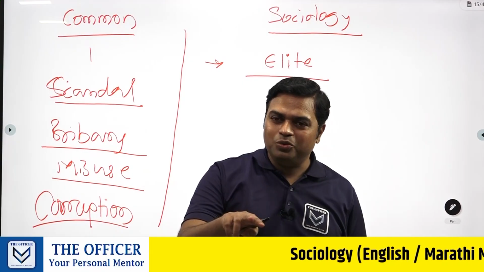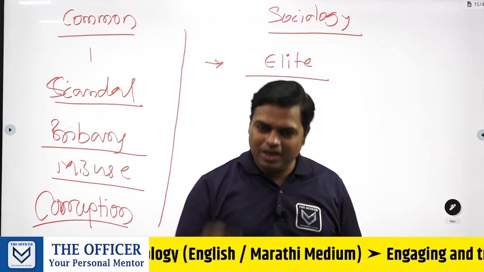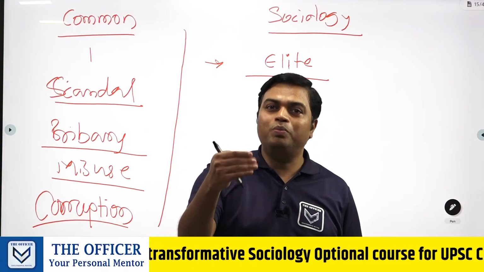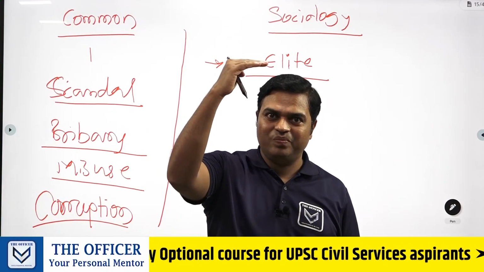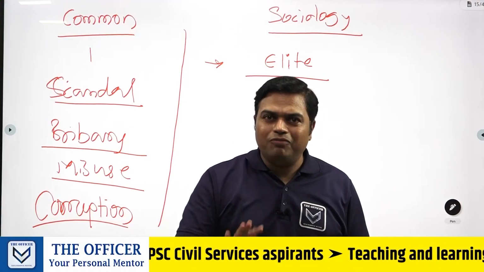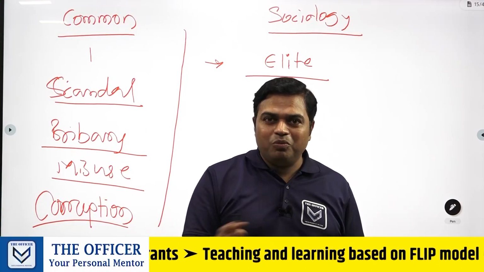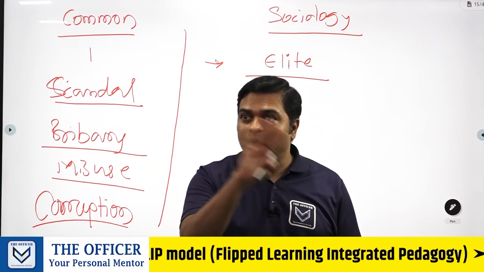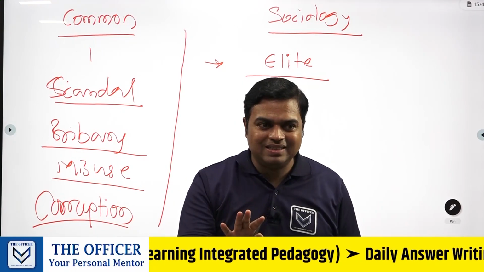You don't have that power. You need power, isn't it? And for that you need to be in the elite class. It is not very simple, folks, to deceive the whole UPSC system.